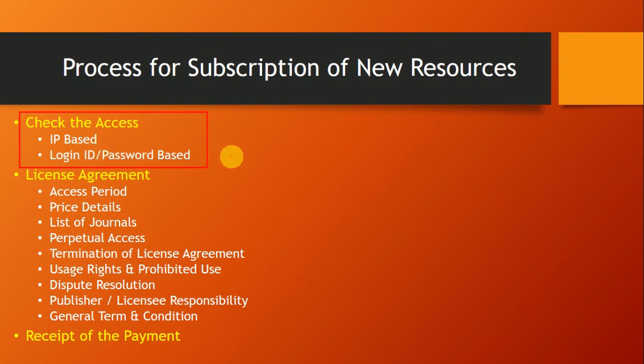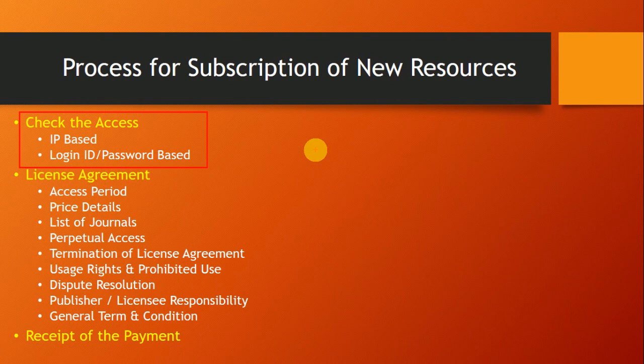In the purchase order itself, it is mentioned that the product should be activated on these IP ranges, which will be accessible within the campus for the users. When the access is ensured, it is broadcast to all the library members for use.